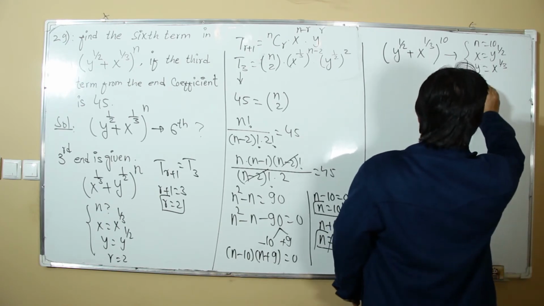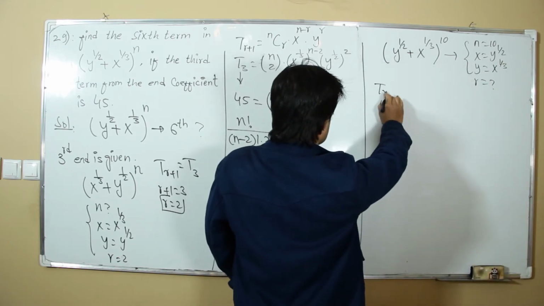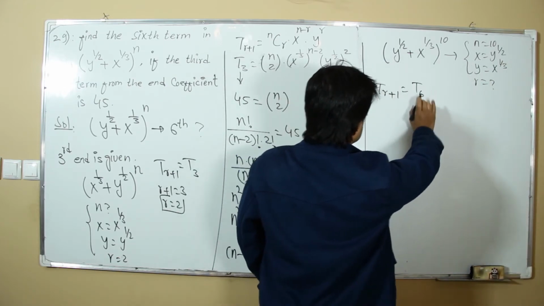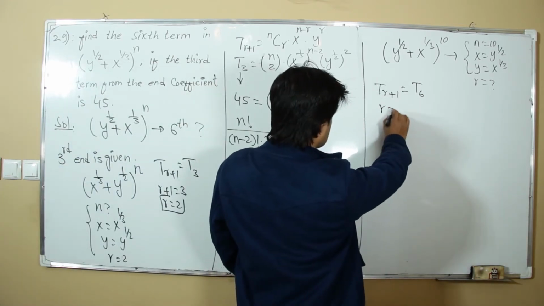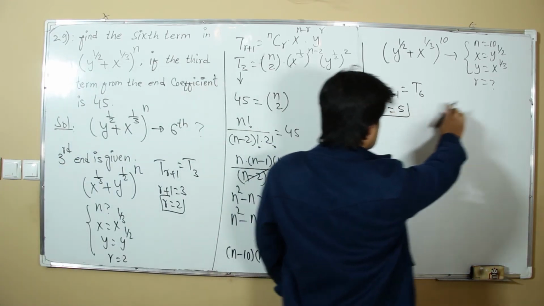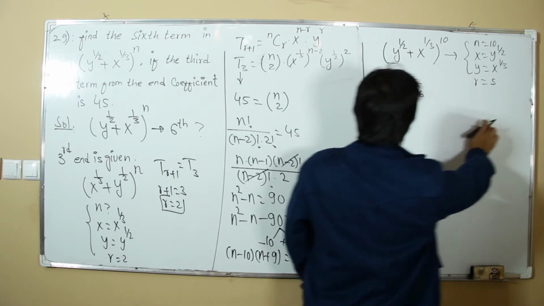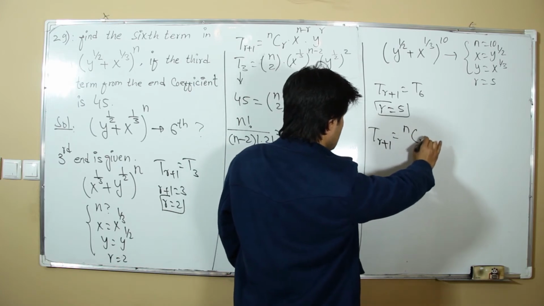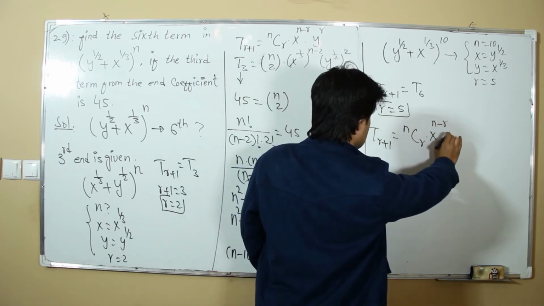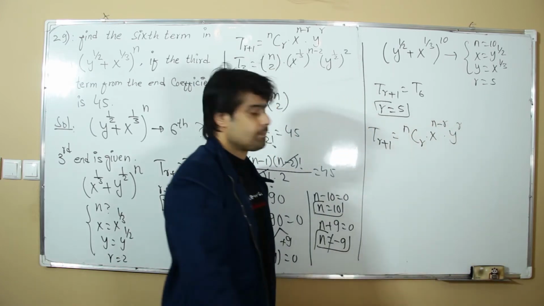You don't know r, but you know T(r+1) is the sixth term, so r is 5, and you know the formula T(r+1) is nCr x^(n-r) y^r.